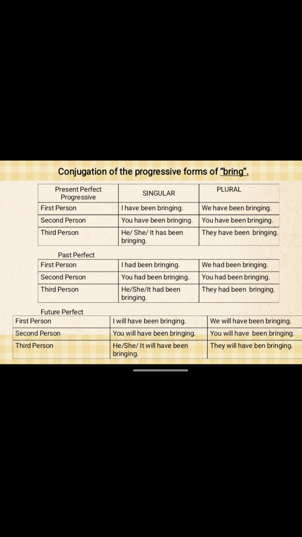Second person, you will have been bringing. Third person, he, she, it will have been bringing. Plural, we will have been bringing. Second, you will have been bringing. Third, they will have been bringing. And that's all. Thank you.